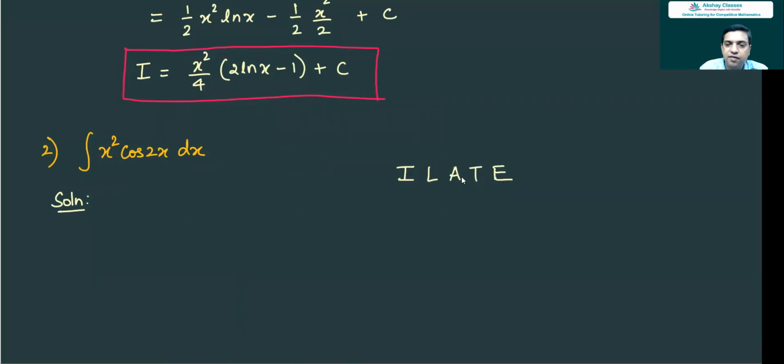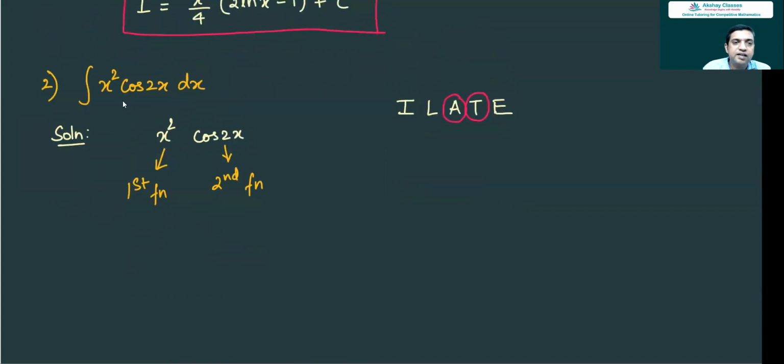Because we have algebraic and trigonometric. So the algebraic has to be the first function. And this is trigonometric. So this is the second function.